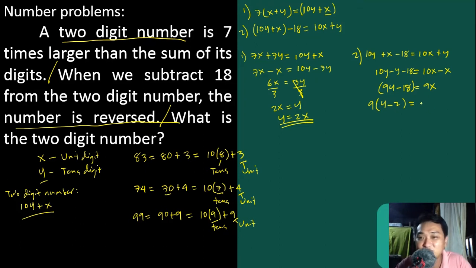Sana naalala niyo po yun. Then, copy 9x. Then, let us divide both sides by 9 para matanggal yung 9, para lumiit yung ating quantity. So, this becomes y minus 2 is equivalent to x. Mas maikli yung mga linear equations natin kaysa sa ito yung gamitin natin.